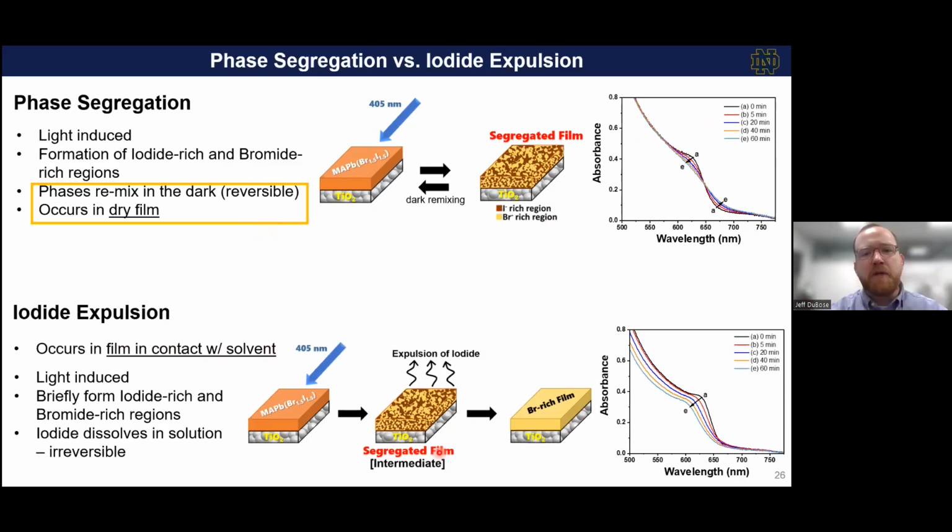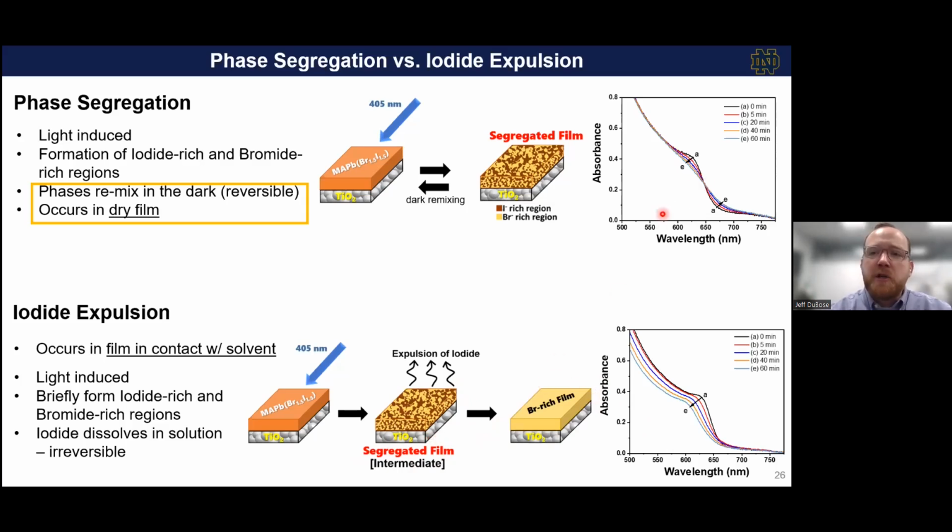But in the typical solvent systems that are stable with perovskites like dichloromethane or toluene, once you form an iodide-rich domain, that iodide actually starts to dissolve into solution selectively. So even though you make this intermediate segregated film, you start to selectively dissolve that iodide away into solution, and that starts to enrich the film as a more bromide-rich film.